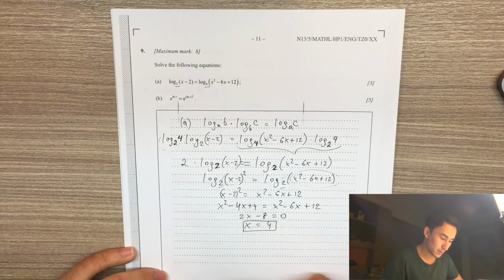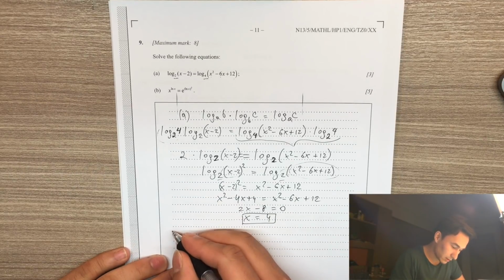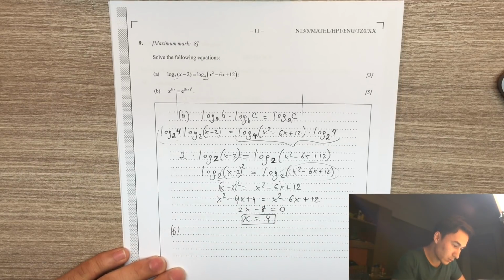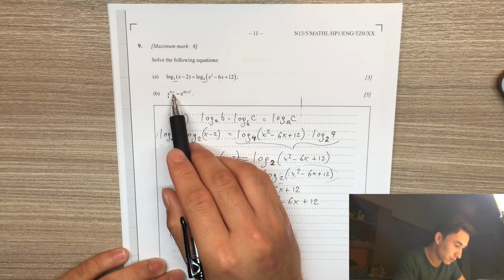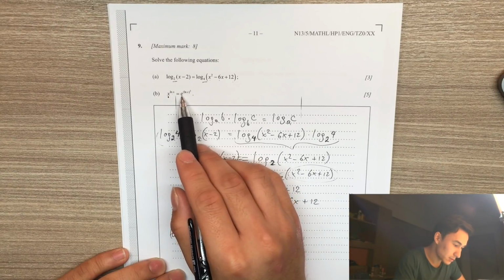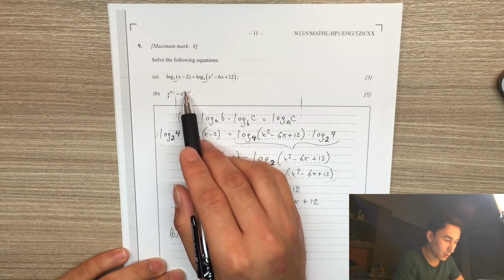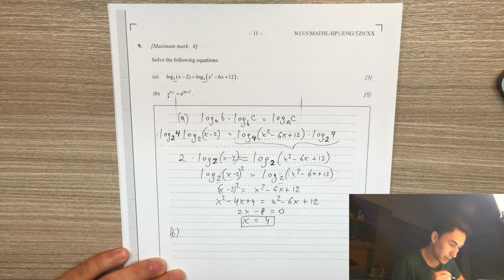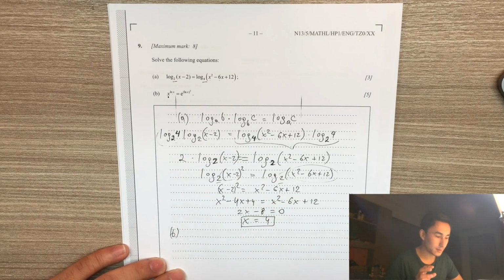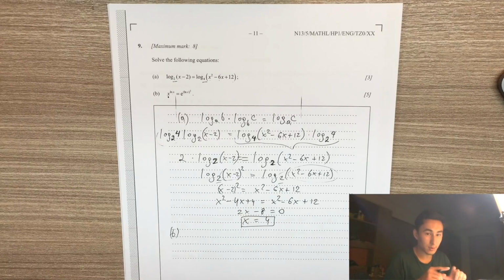Now part B, to solve part B, what we do is we have x to the power of natural logarithm of x is equal to e to the power of natural logarithm of x cubed. So in these type of problems, it's better to take natural logarithm to both sides.